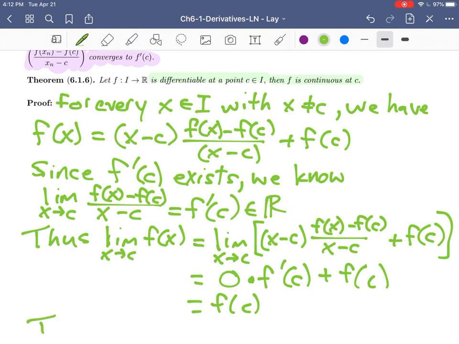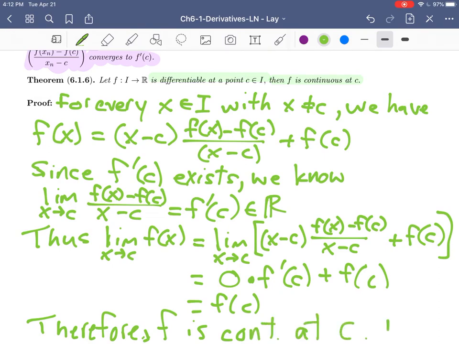Therefore, f is continuous at c. Beautiful.